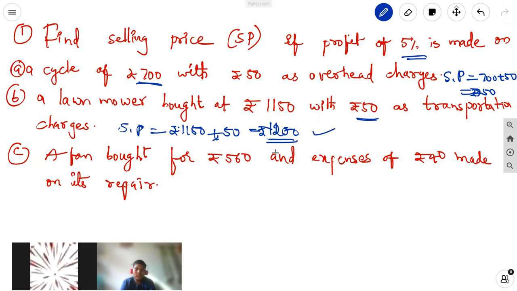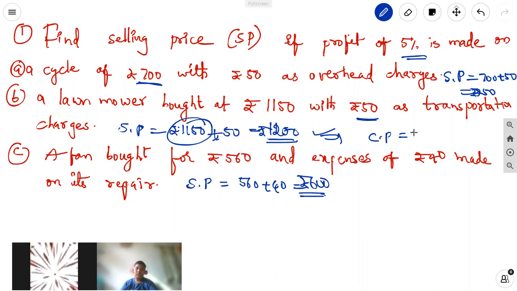For the fan, it is 560 plus 40, equal to 600 rupees, so our cost is 600 rupees with the repair. Here cost price is 1200. For the cycle, the price is 700 but our cost price is 750 rupees. Why? Because overhead charges are included.